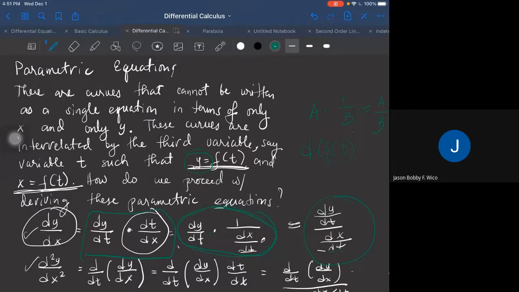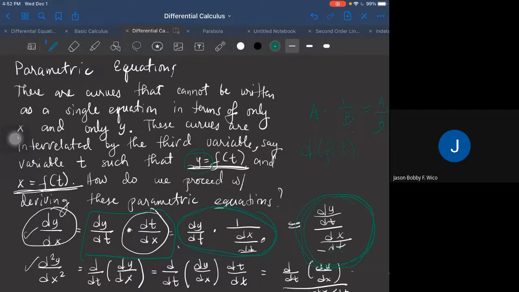So how do we find the first derivative? We derive y as a function of time divided by x as a function of time. How do we obtain the second derivative? Second derivative is the derivative, of course, of the first derivative, which is this one. Let's derive that.